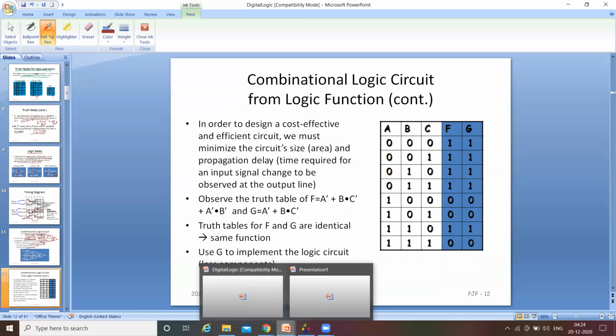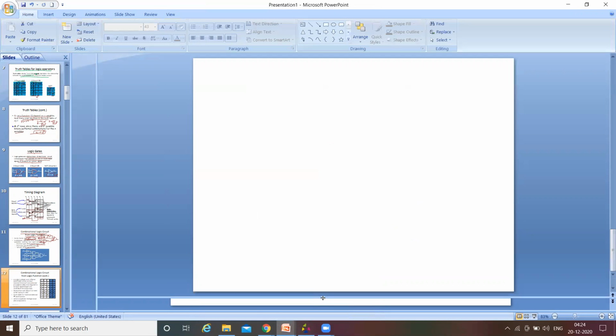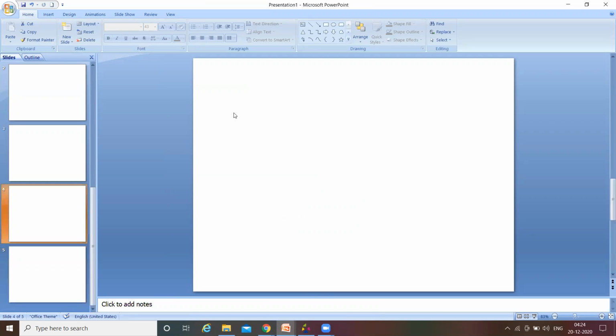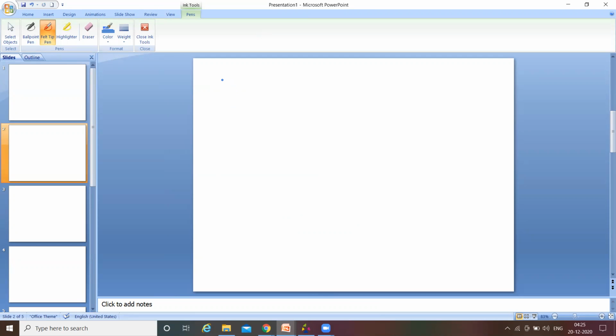We'll see here what is given. F of A, B, C is equal to A prime plus B dot C prime, or C bar plus A bar dot B bar.